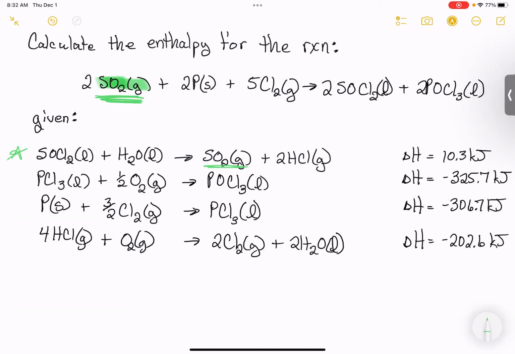So to get the SO2 where I need it, I am going to have to flip this equation or reverse it. I also noticed that I want 2 SO2s, but I only have 1 SO2 in the given. So I'm also going to have to multiply that equation by 2.